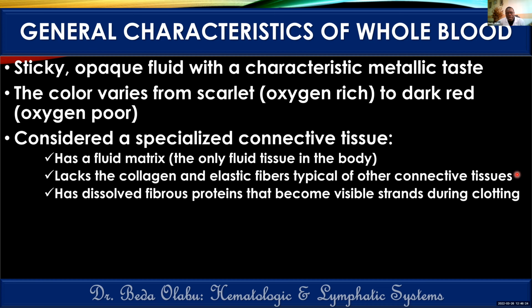The other thing that makes us consider the blood as specialized connective tissue is because it lacks those normal connective tissue fibers. Collagen and elastic fibers are typically not in the blood tissue. Instead, it has some other dissolved proteins which may form strands, visible strands during clotting, but they're not collagen fibers.